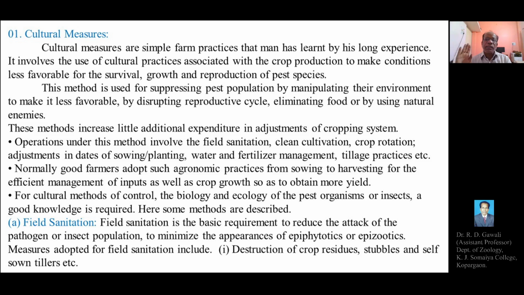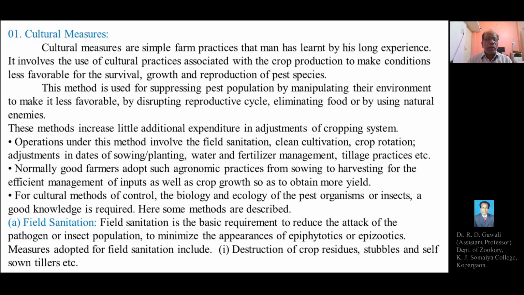Field sanitation is the basic requirement, and this helps to reduce the attack of pathogens or insect pest population. This will also help to minimize the occurrence of epiphytotics or epizootics. These might be plant or animal type pests that can be harmful to the crop fields.